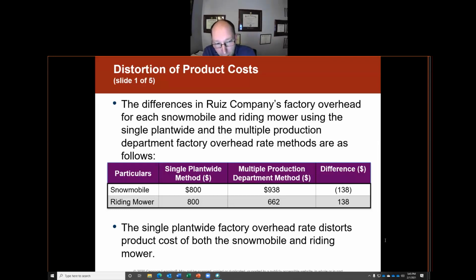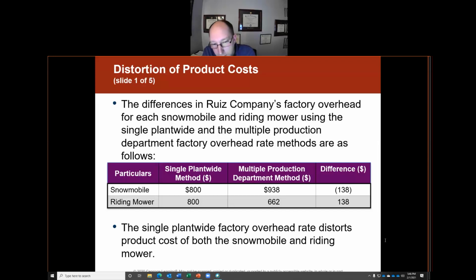We talked about earlier in our example, the single plant-wide method per unit is $800. We later discussed how we can better allocate overhead using the multiple production department method. We find that for snowmobiles it's $938, for riding lawnmowers it's $662.